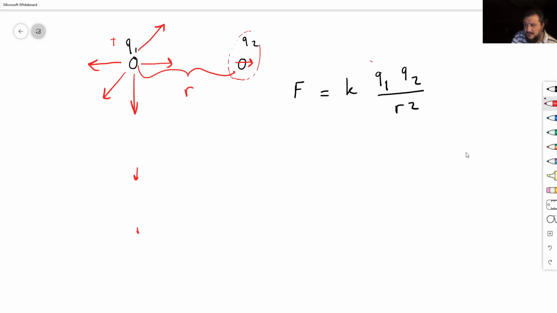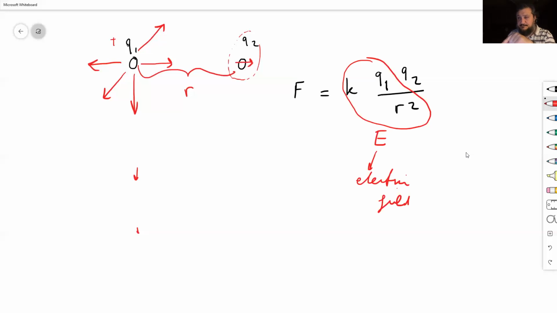Basically, you take this part, K times Q1 over R squared, and give it a new name, okay, called the electric field. Letter E stands for electric field. And E times that charge gives you the force on that charge, okay? So force will be equal to the charge times the electric field.